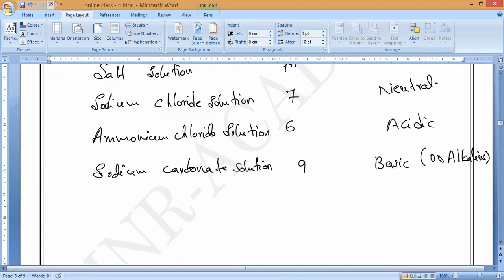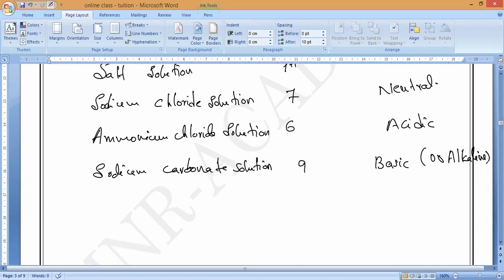Now if you observe, the aqueous solution of sodium chloride is neutral, the aqueous solution of sodium carbonate is basic in nature, and the aqueous solution of ammonium chloride is acidic in nature. Correct or not? The acidic and basic nature of some salts can be explained on the basis of hydrolysis of salts.